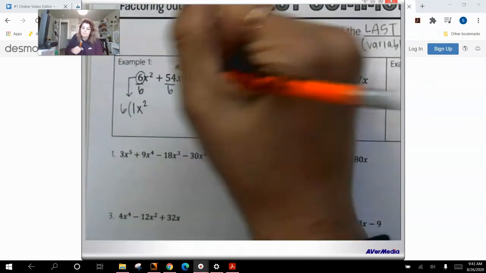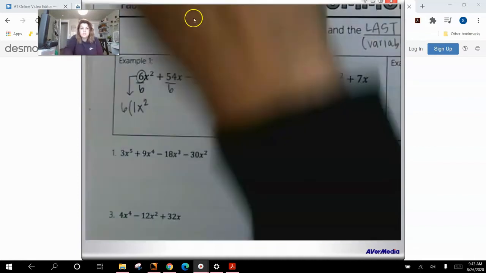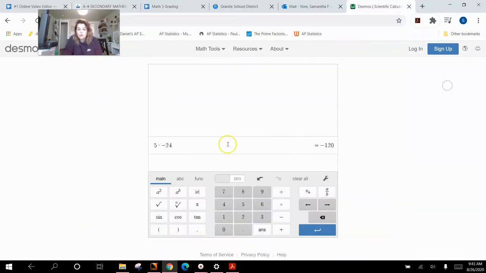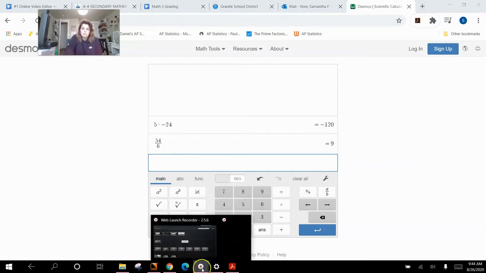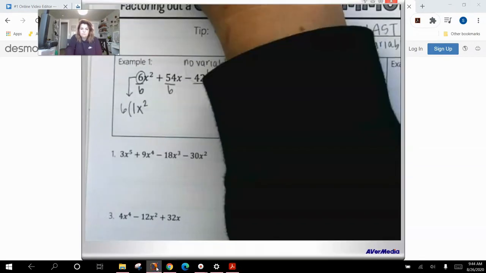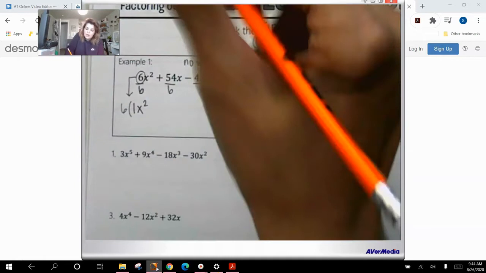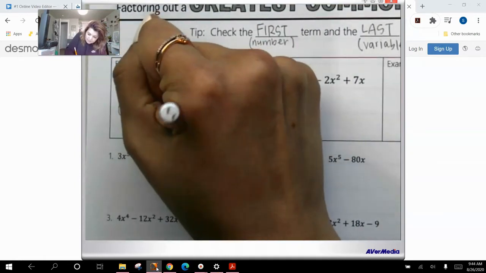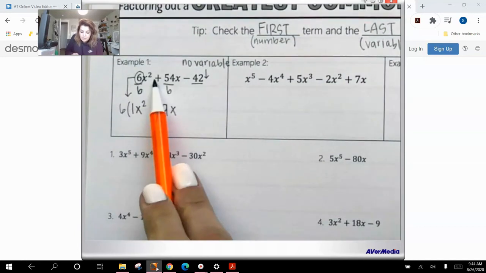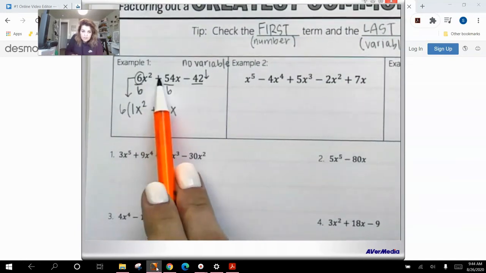Okay, next we have 54 divided by 6. If you don't know what that is, you're going to go over to Desmos and type in 54 divided by 6. That's 9. So I have a plus 9x. I have a plus because this up here is a plus.